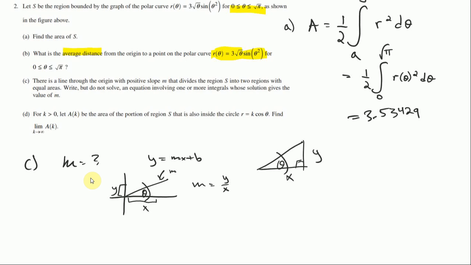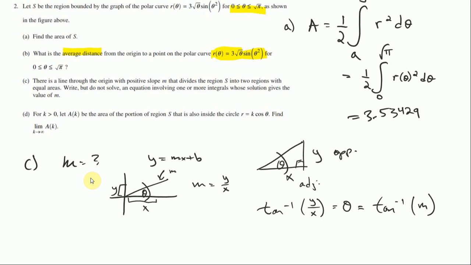This appears to be opposite. This appears to be adjacent. Looks like we're using tangent. So tan inverse of y over x is equal to theta, right? So this theta actually just becomes equal to tan inverse of m.